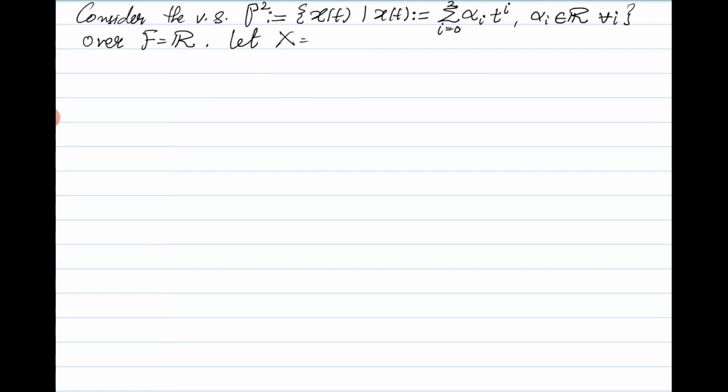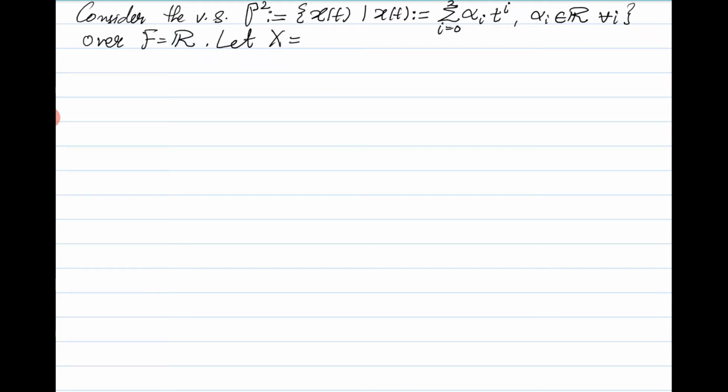Now consider a set X of two vectors. The first vector is 1 plus 5t square, let us label it as V1. The other vector is 7 minus t square, let us label that as V2.